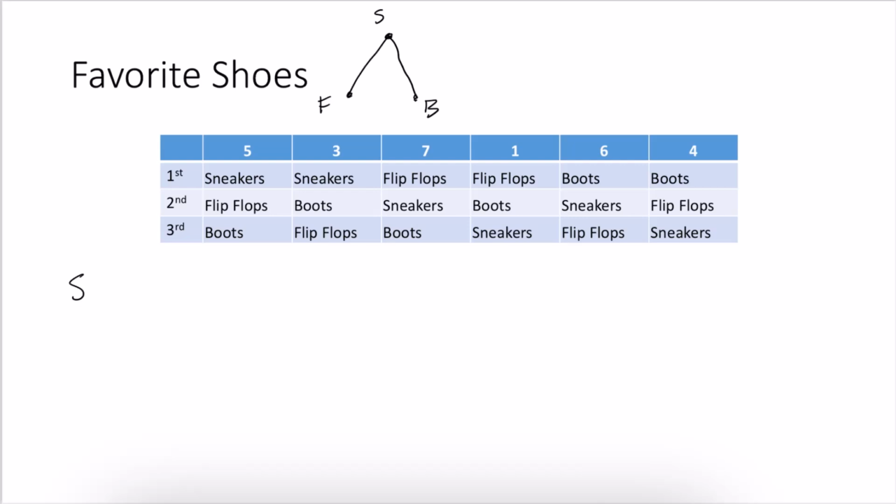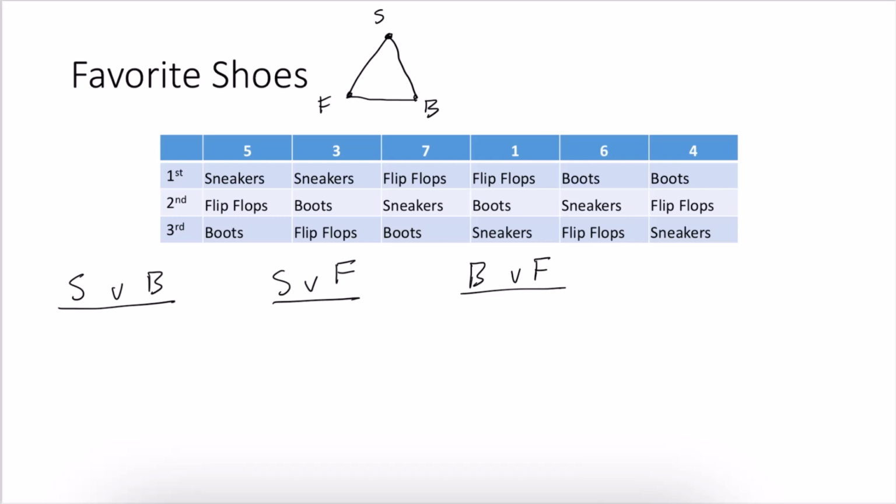So I'll have sneakers versus boots as one of my pairs, and I'll have sneakers versus flip-flops as my other pair. And then boots is already paired with sneakers, but it also needs to be paired with flip-flops. So I'll have boots versus flip-flops. And flip-flops is already paired with both of the other options. And so these 3 pairs are all of my possible pairs.